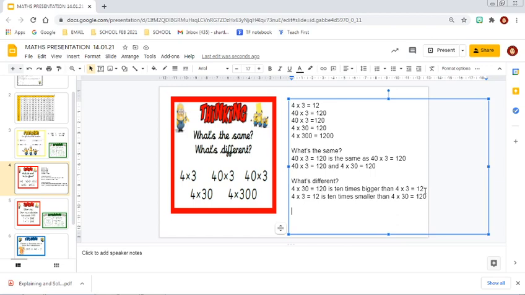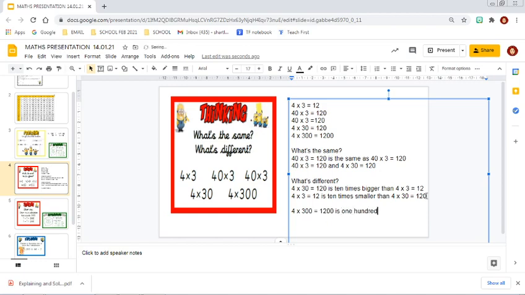So for example, I might want to say 4 multiplied by 300, which equals 1200, is, I'm going to write 100 times bigger than 4 times 3, which equals 12.